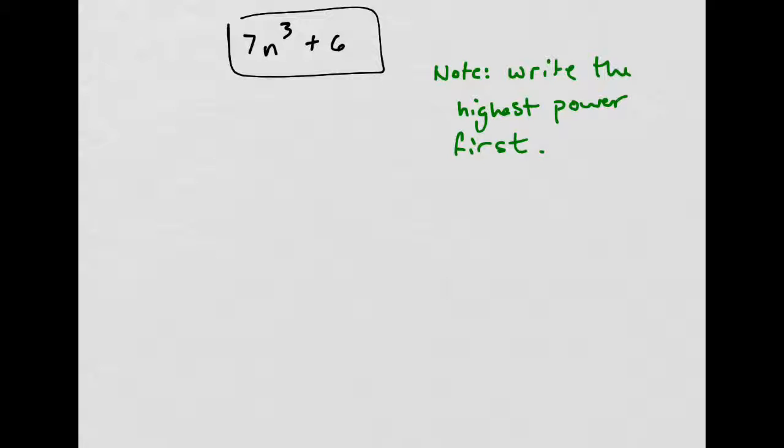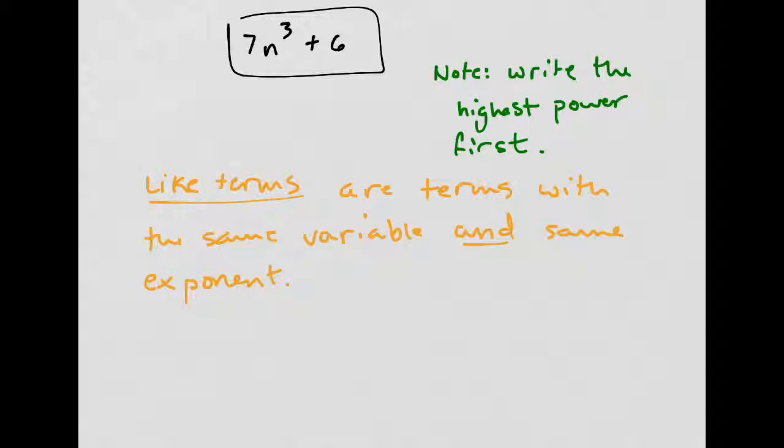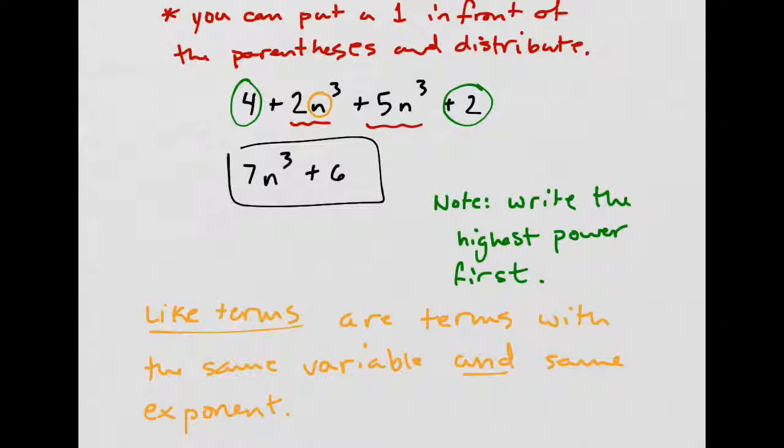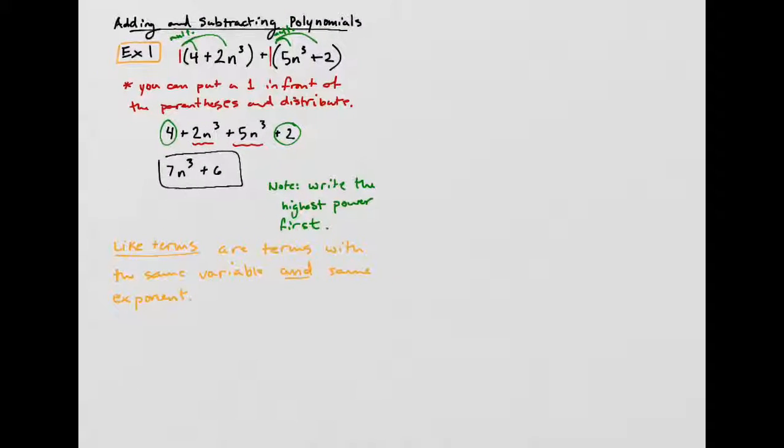Like terms are terms with the same variable and the same exponent. So here, the like terms, we had n cubed and n cubed, with the same exponent. So that's how we knew those were like terms. The 4 and the 2, they don't have any variables, so they're also like terms. And there you go. Let's do another example.